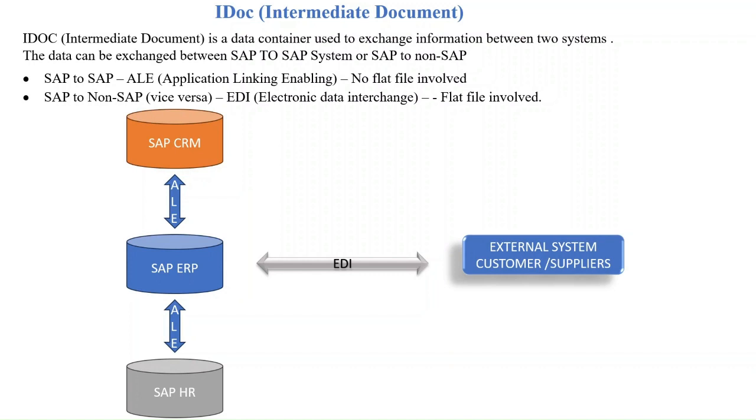So we require employee data in ECC, and we have to pass this employee related data to the ECC system. That's why the concept of ALE IDOC comes, where we have to pass the data from one system to another system.